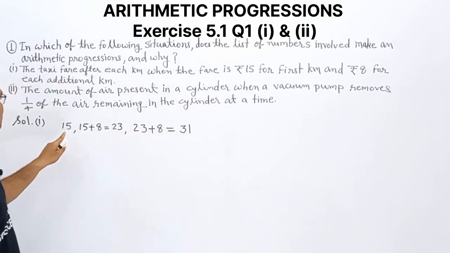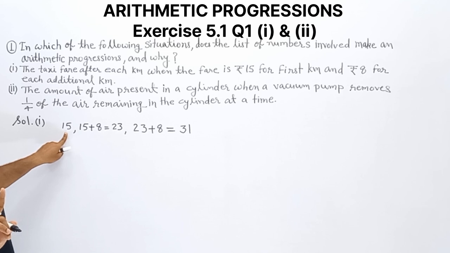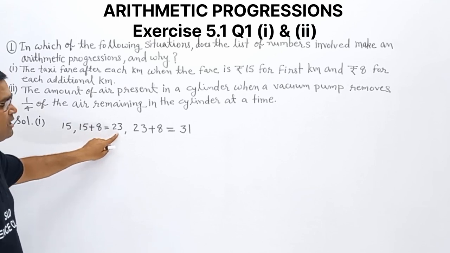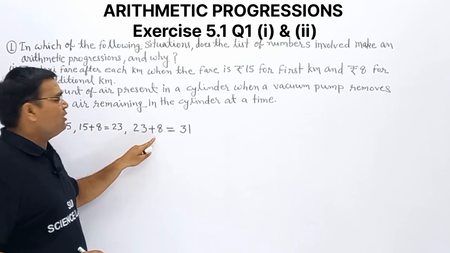A person wants to go somewhere. Fare of the 1 kilometer is 15 rupees. 8 rupees for each additional kilometer. So after 1 kilometer, 8 will be added. So 15 plus 8 will be 23. Now we want to go for 3 kilometers.